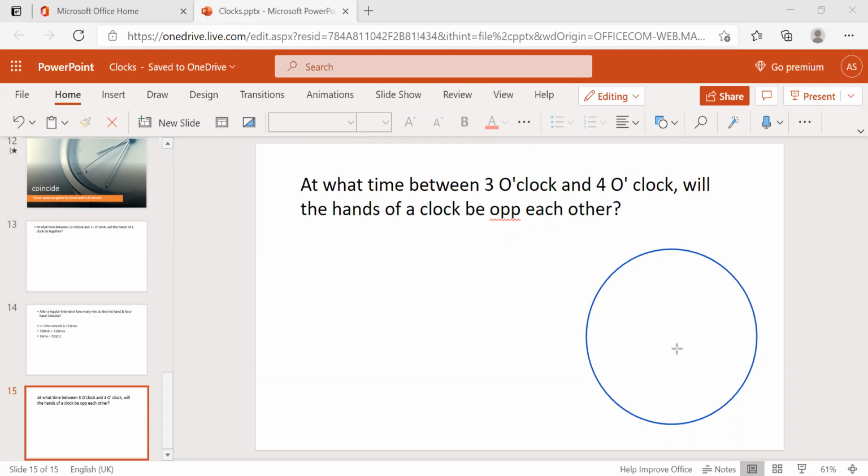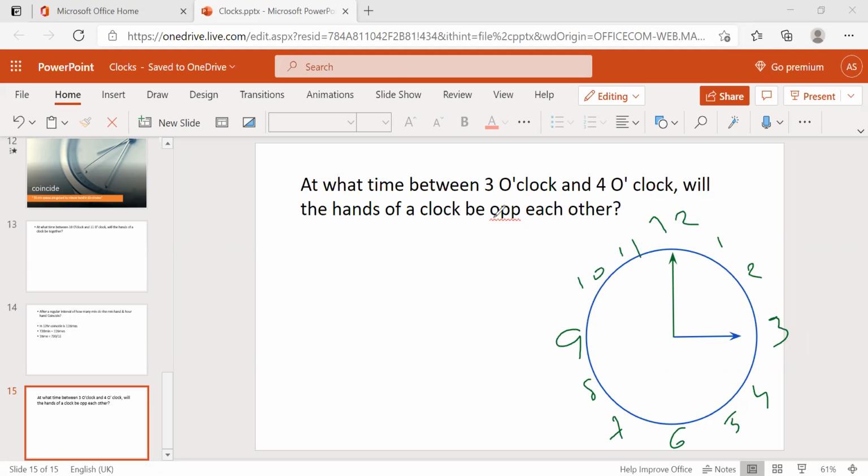Suppose the hour hand shows 3 and the minute hand shows exactly 12. Now 12, 1, 2, 3, 4, 5, 6, 7, 8, 9, 10, 11.